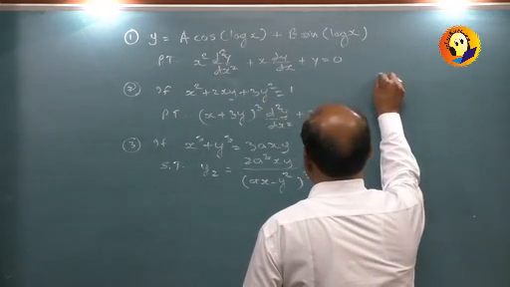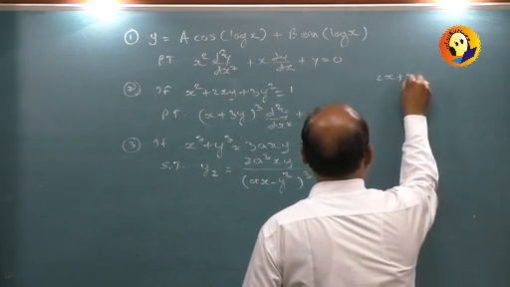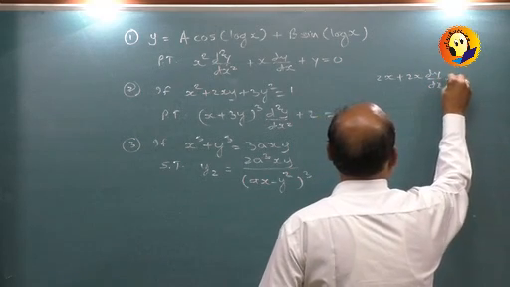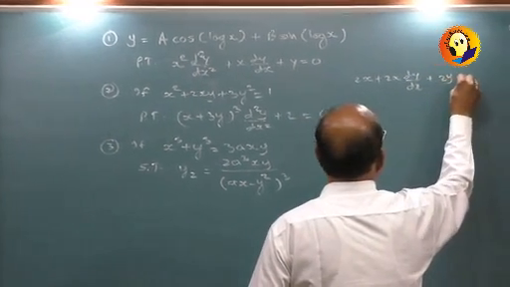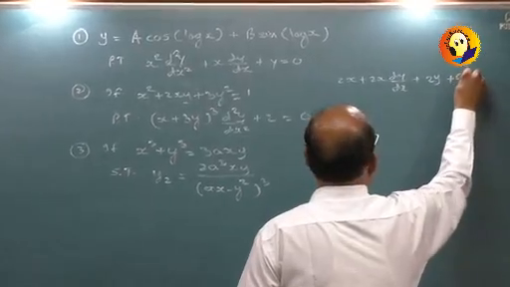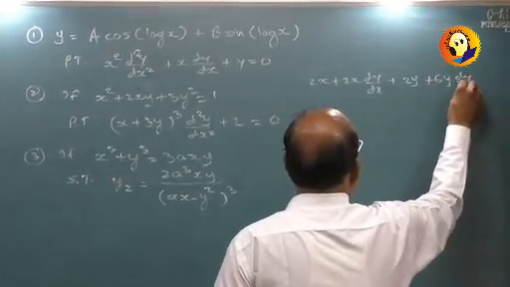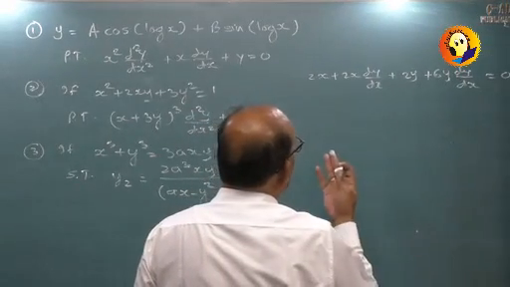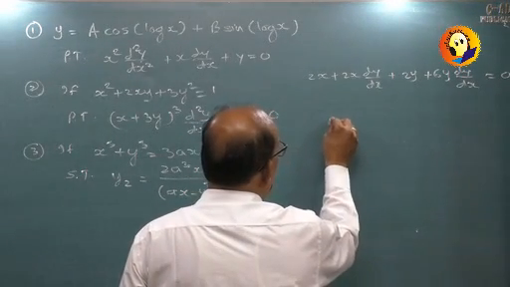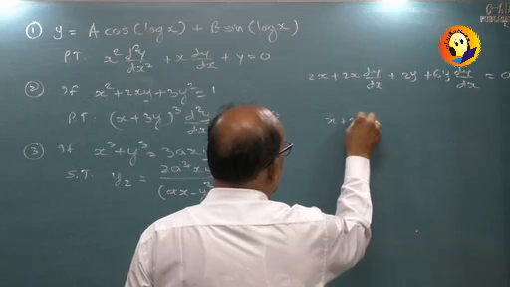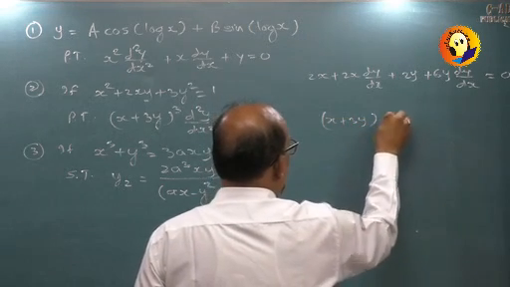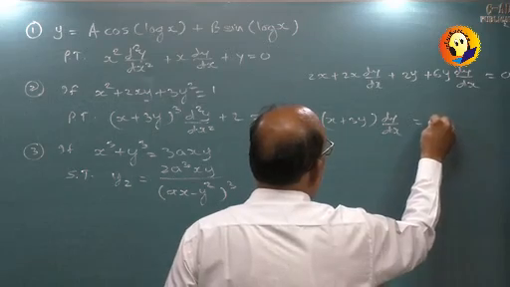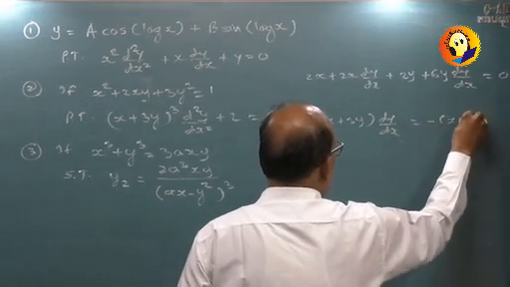It was 2x plus 2x dy by dx plus 2y plus 6y dy by dx equal to 0. So far so good. It directly, 2 is cancelling. So we will have (x plus 3y) dy by dx equal to minus of (x plus y).